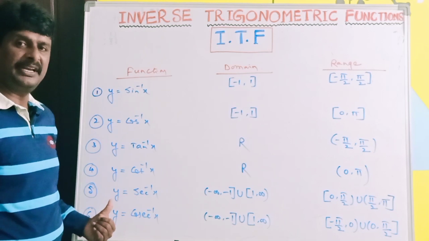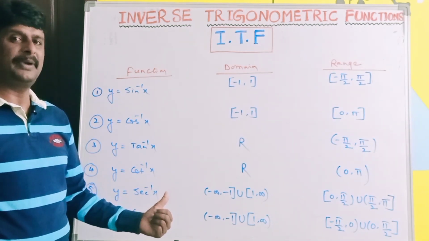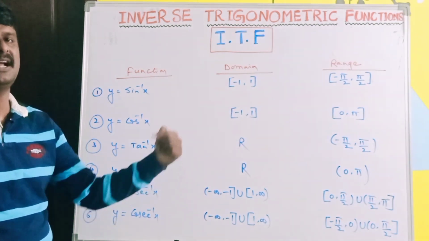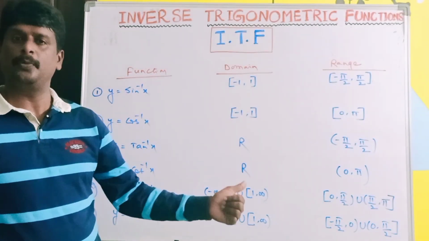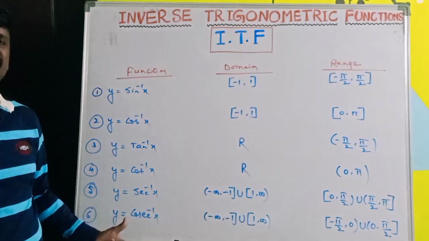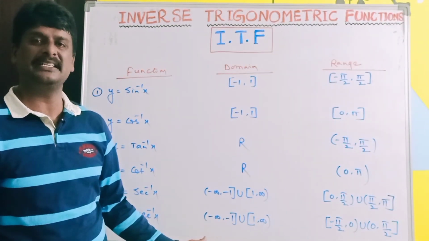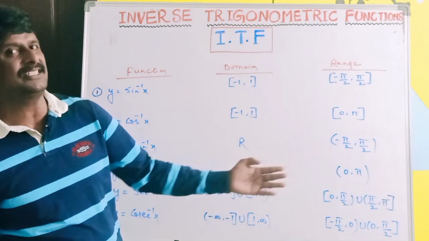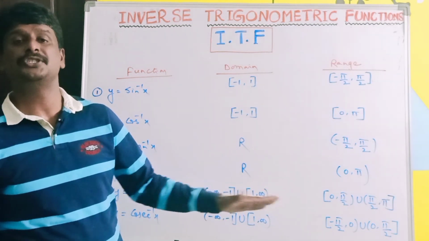Fifth one is y is equal to secant inverse x, domain is open interval minus infinity comma minus 1 closed union closed 1 comma infinity, and range is closed 0 comma pi by 2 open union open pi by 2 comma pi closed. Cosecant inverse x, domain is same as secant inverse x, minus infinity comma minus 1 union closed 1 comma infinity, and range is closed minus pi by 2 comma 0 open union 0 open to pi by 2 closed.